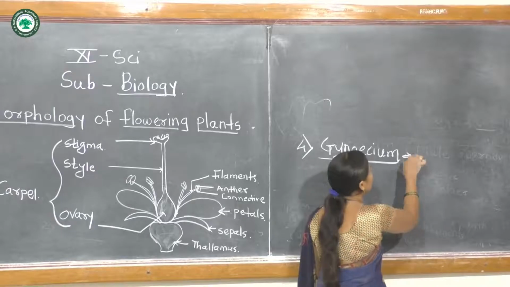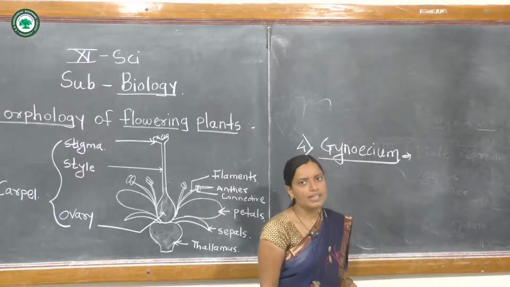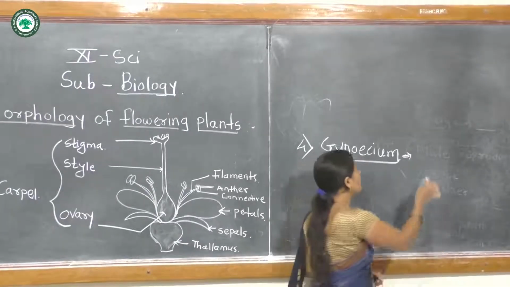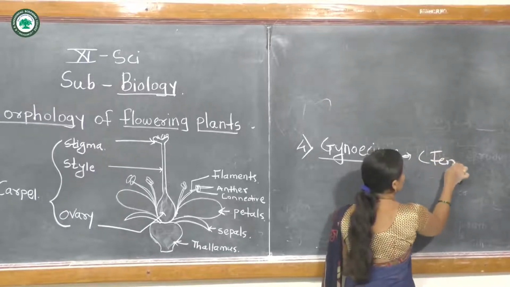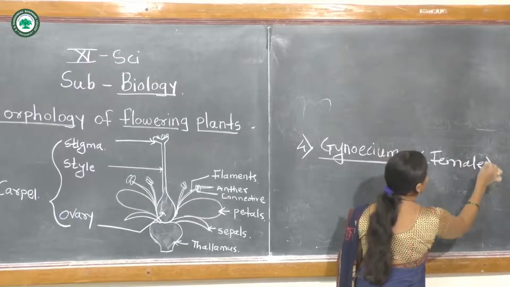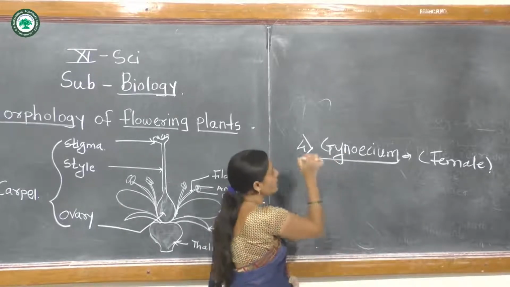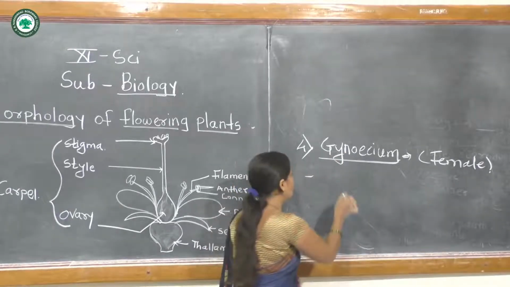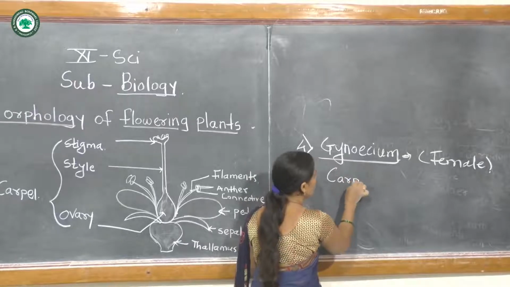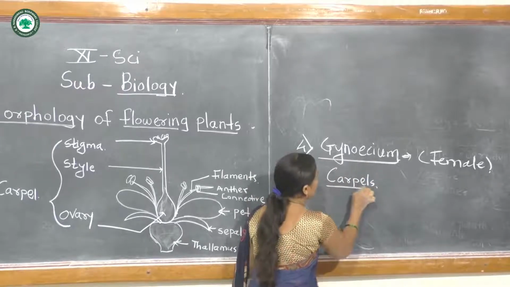This gynoecium is the female reproductive part, or female floral whorl, of the flower. Individually, this gynoecium is called the carpel.